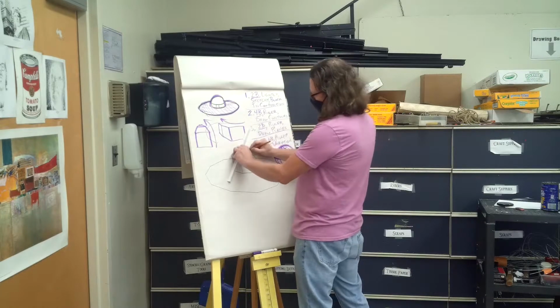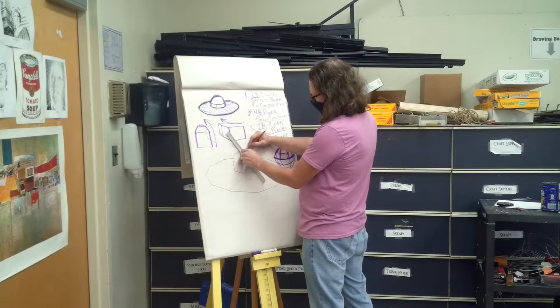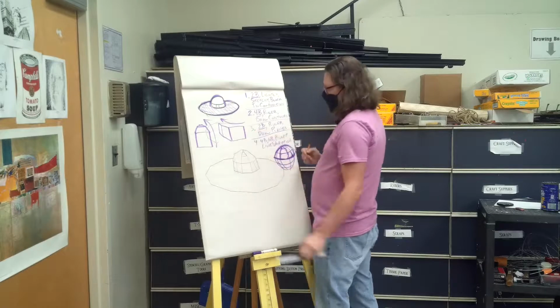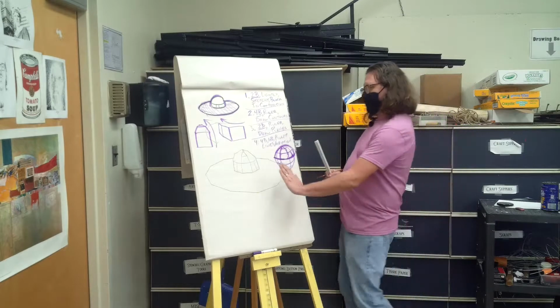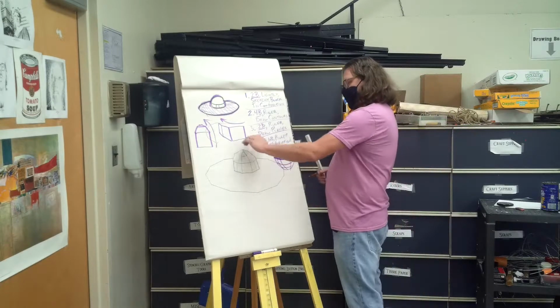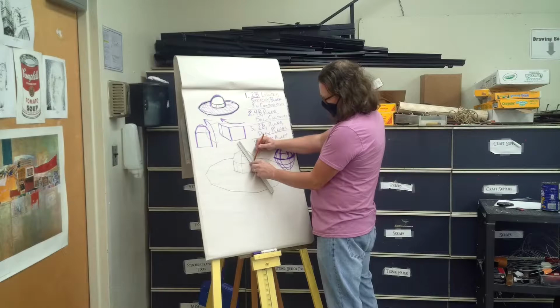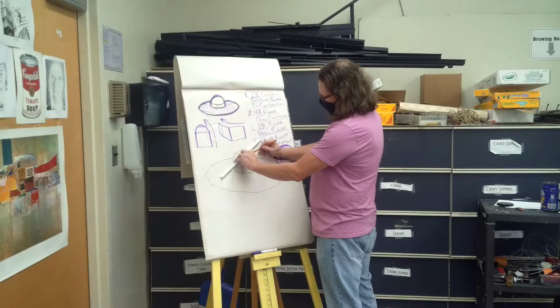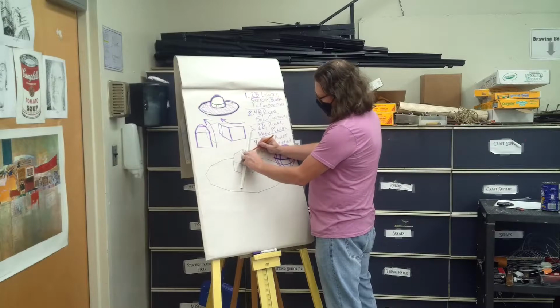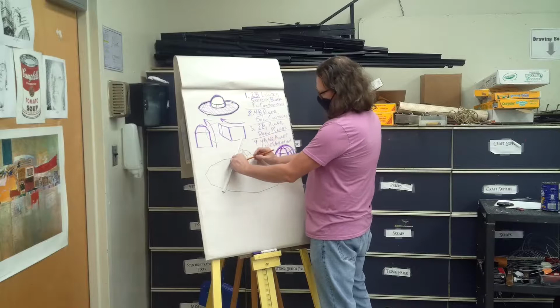And then I'll bring it up to a complete point at the top, here. That's giving me that illusion that this is curving away from me like so. And then I could just continue that along the way with these other planes, foreshortening them more as I go.